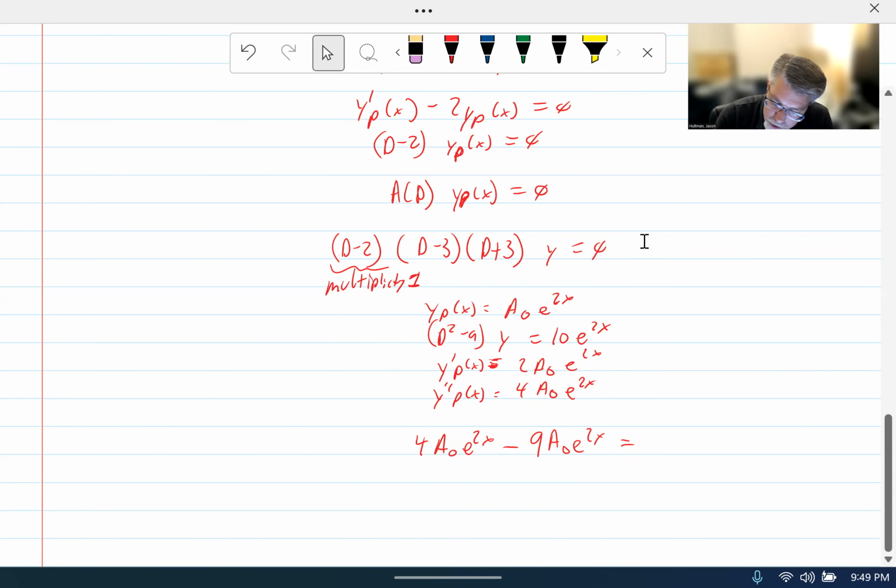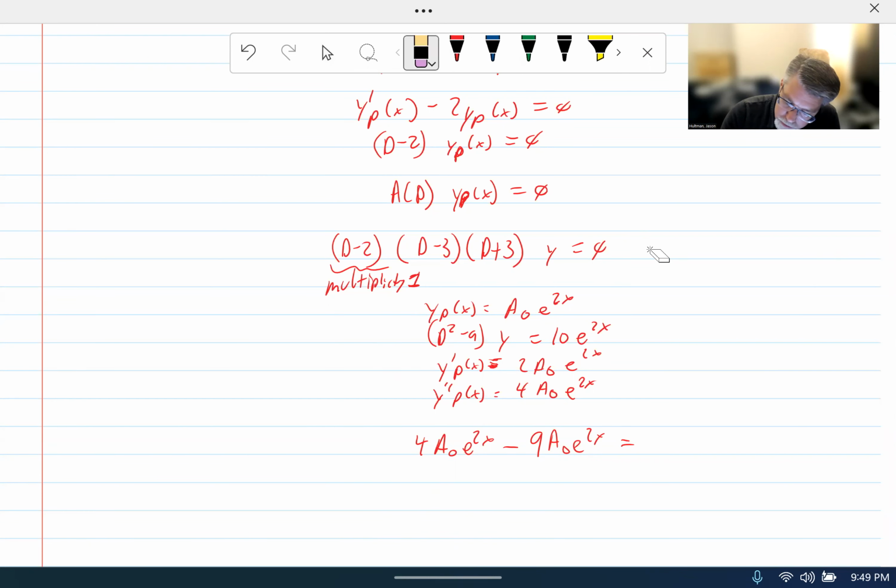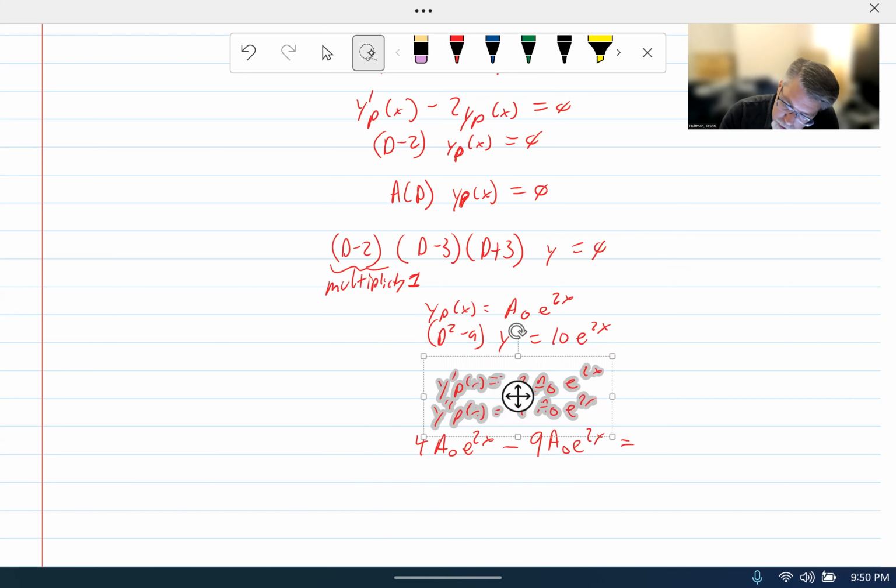Maybe I should have added that step there. Maybe I'll move this down a little bit, and then we'll put in that step of d squared minus 9. That converts back to my original differential equation, y double prime minus 9y equals 0.